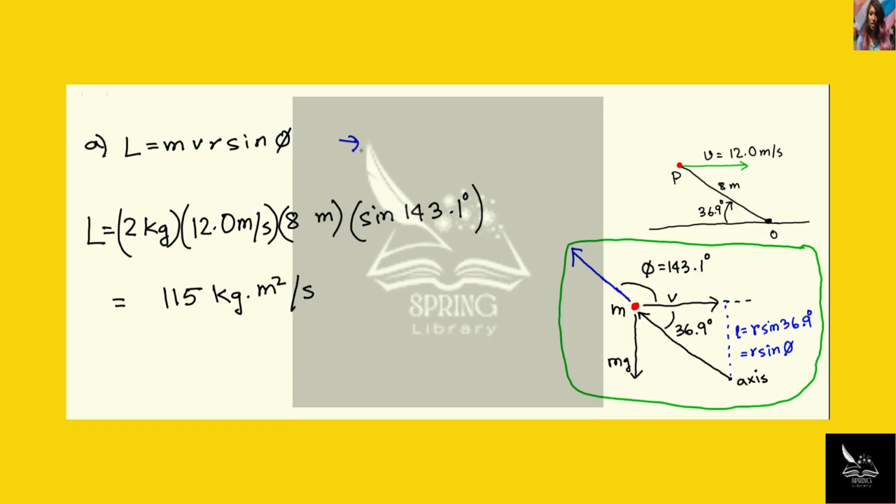We should always remember that for angular momentum, momentum and radial vector should act perpendicular to each other, or in other words, only the perpendicular component of the radial vector will have an effect on the angular momentum.